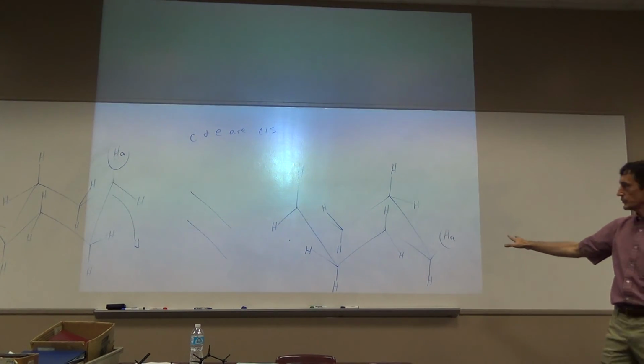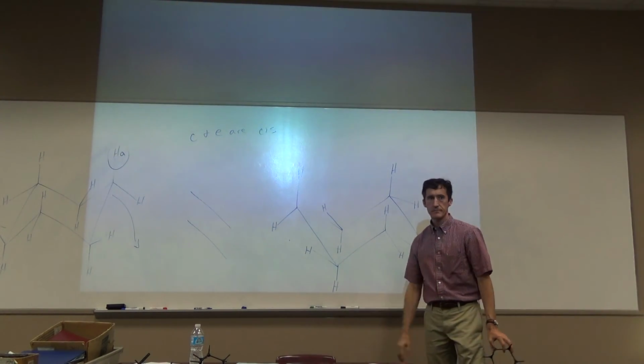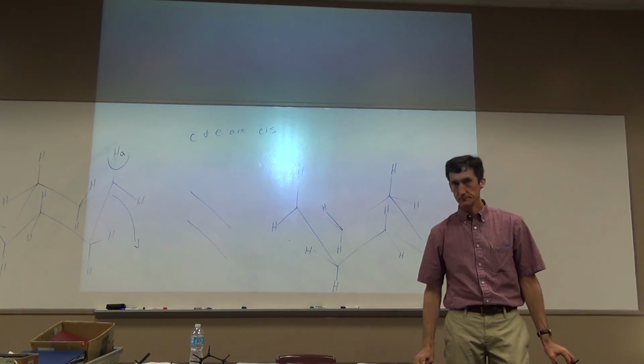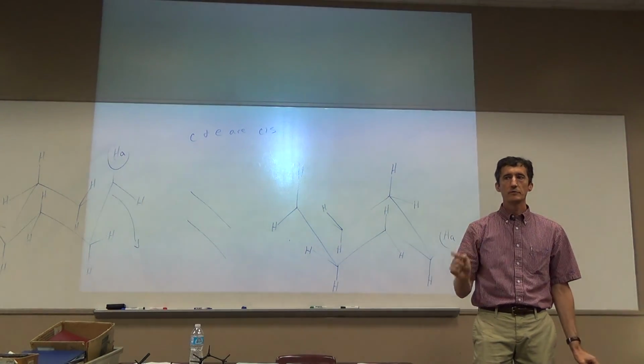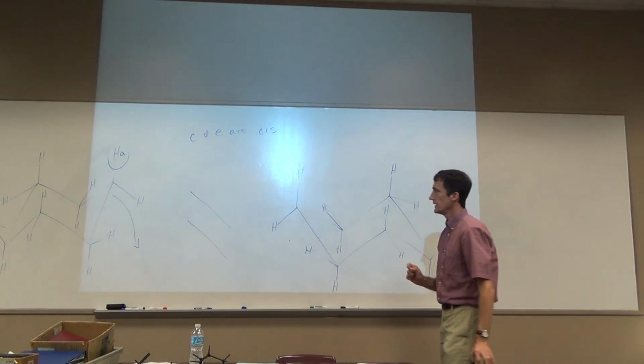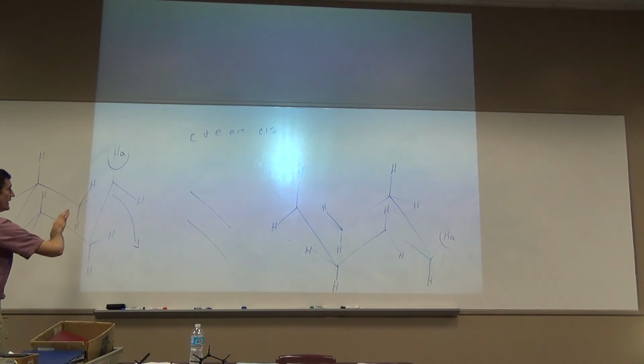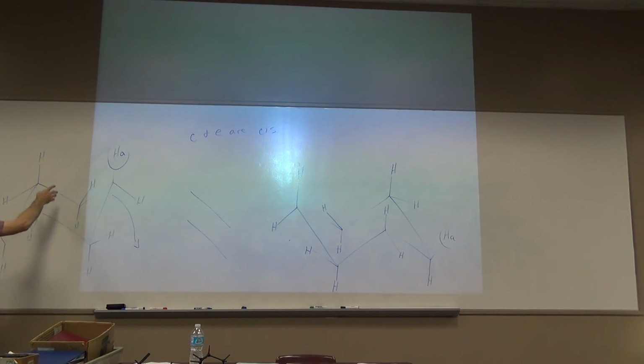Now this is drawing for the ring flip. There's another way to draw ring flips. If I drew a ring flip to this, I would redraw it just like this, but I would just change everything from axial to equatorial.